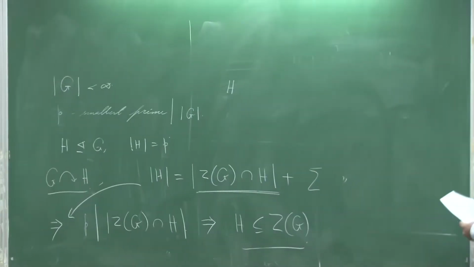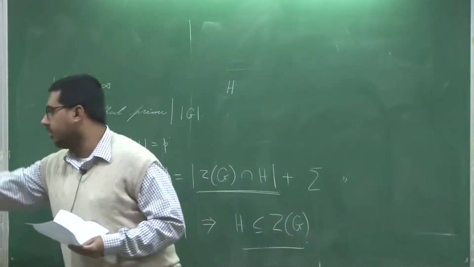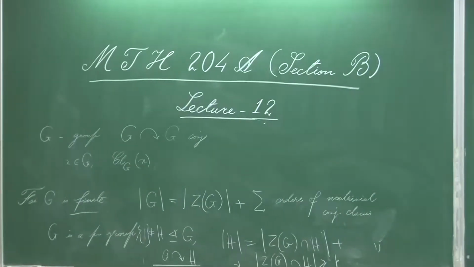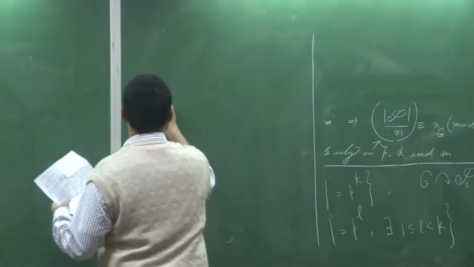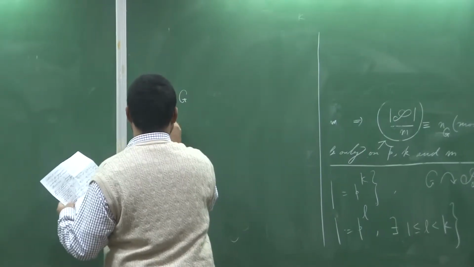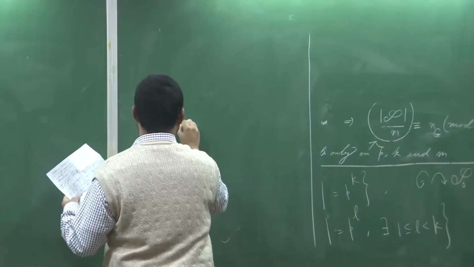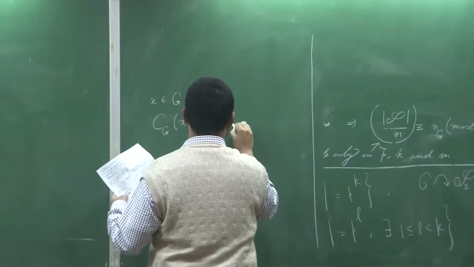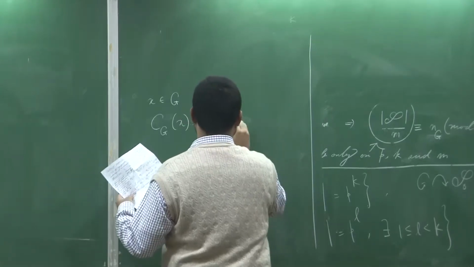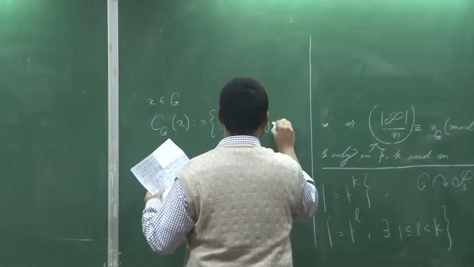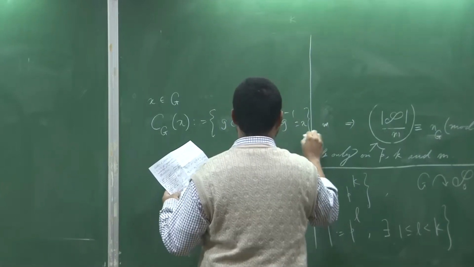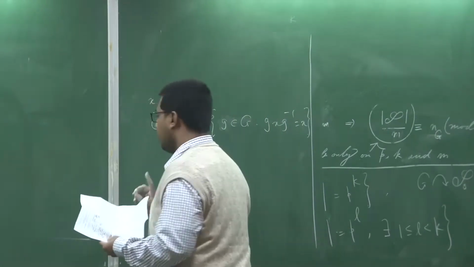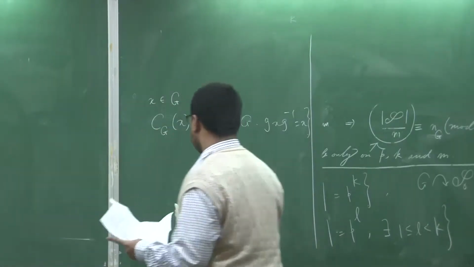In fact, I think I mentioned that under this conjugacy action, the stabilizers are called centralizers. So, for any x in G, the stabilizer is called the centralizer, and it is denoted by this. It precisely contains all elements g in G such that g x g inverse equals x.